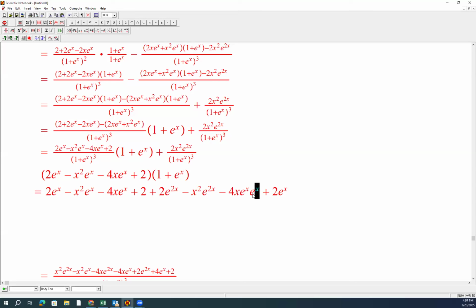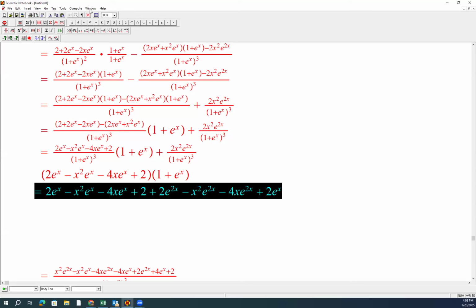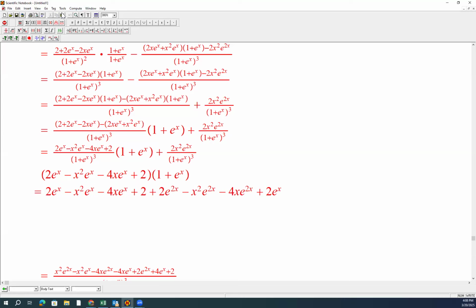And this will be another e to the power 2x. And that's it. But this 2 times e to the power 2x, e to the power x will combine with that, the first one. Okay, so on the next line, we combine this one with that one, which is going to be a 4.